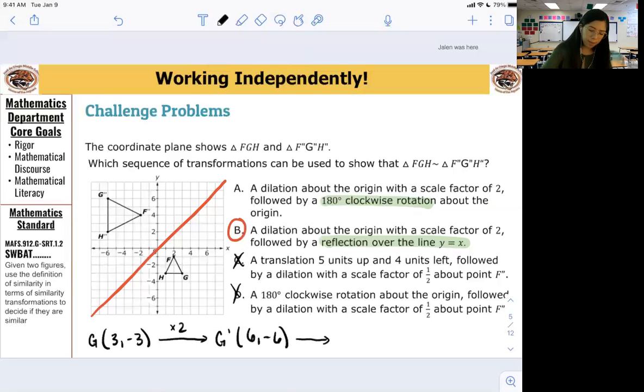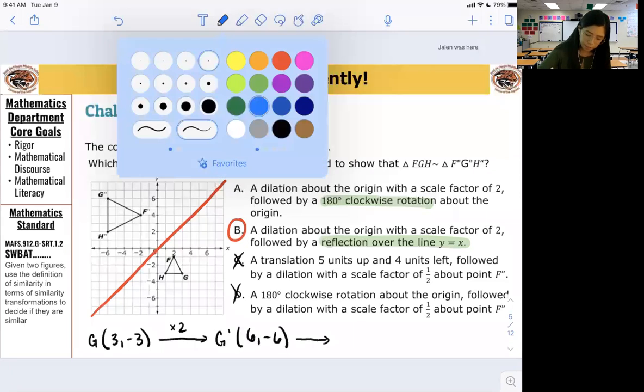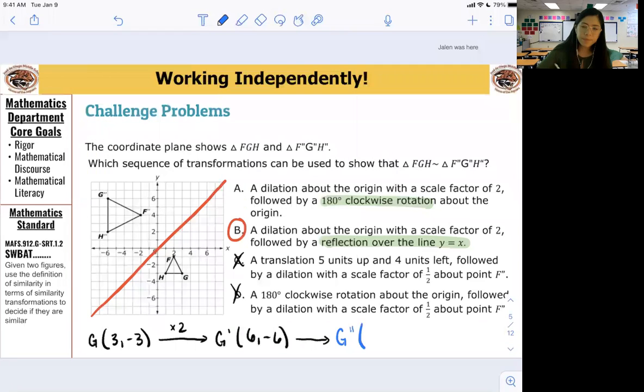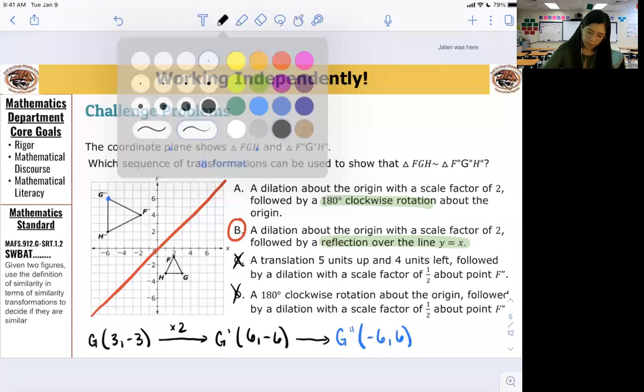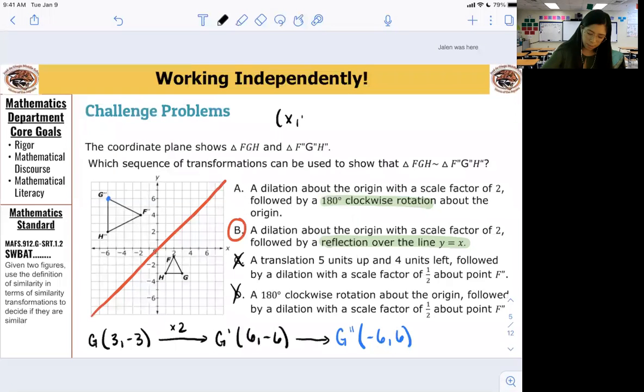Then look on the graph, and where does G double prime end up? It ends up at negative 6 comma 6. So if you follow the rules, what's happening is x comma y becomes y comma x.